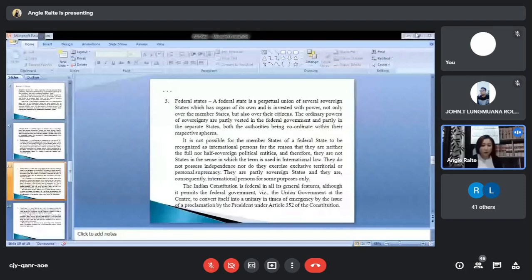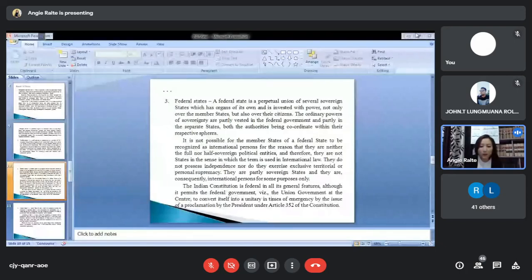The union government at the center can convert itself into a unitary government in terms of emergency. The union government is federal, and they're not two nations, Mizoram and the union government.